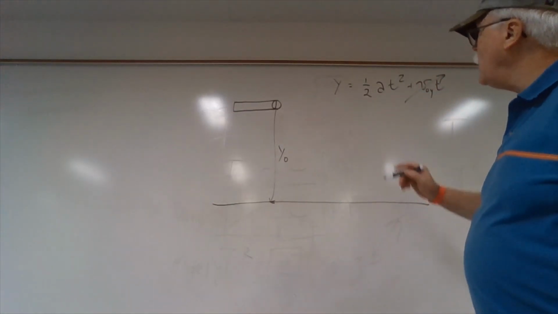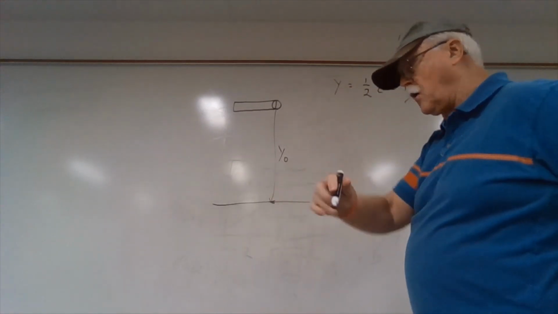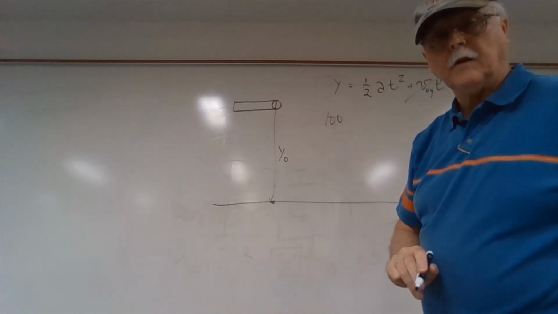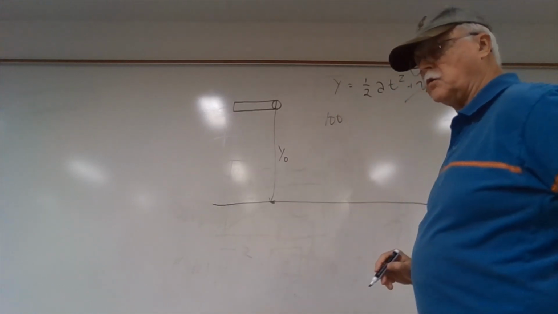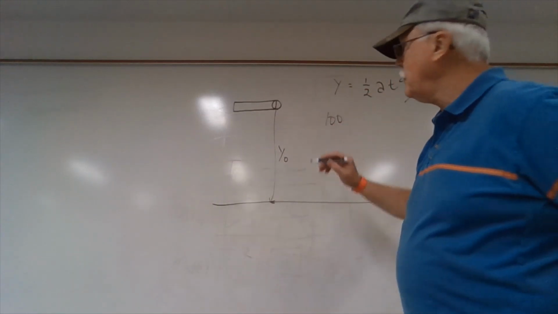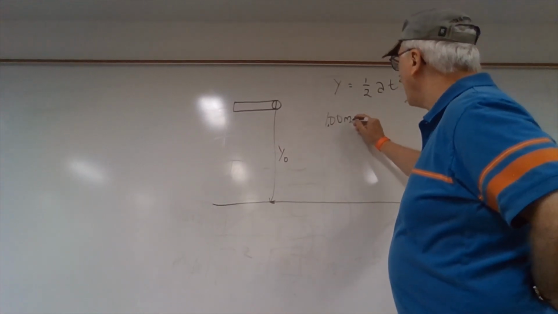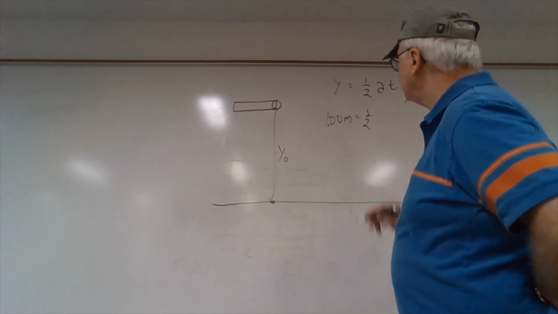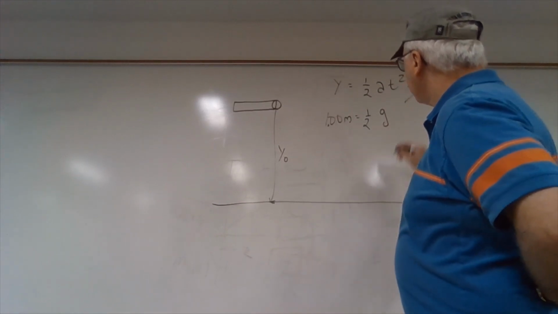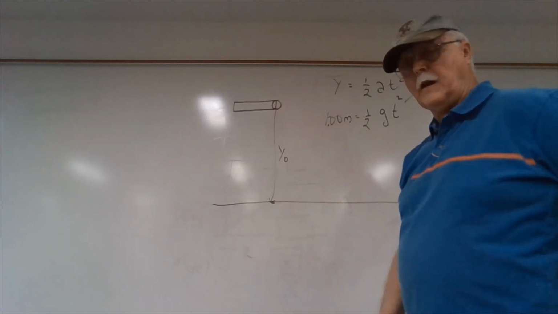So if I know the height, let's just arbitrarily, it's not quite, but I'm just going to put 100 in here for the sake of argument. If I know that this is 100 centimeters, which is how many meters? 1.0 meters. And I know that 1/2, the acceleration is gravity times t squared.